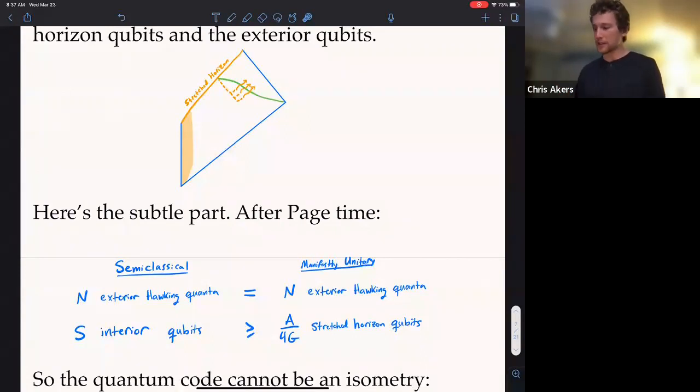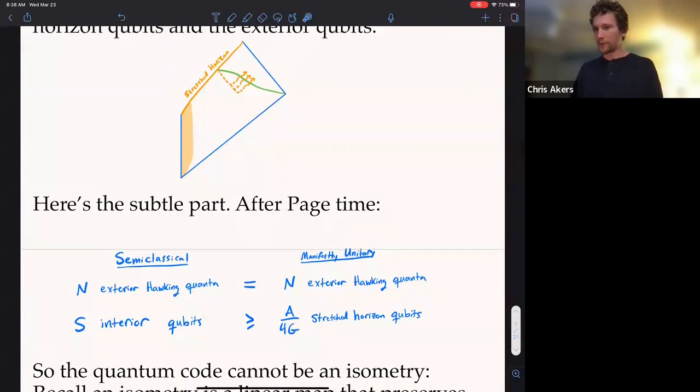The difference is that the way the two descriptions, the semiclassical or logical description in this code and the manifestly unitary or physical one, are related changes in a qualitative way afterwards versus before. Maybe I'll make that clearer.